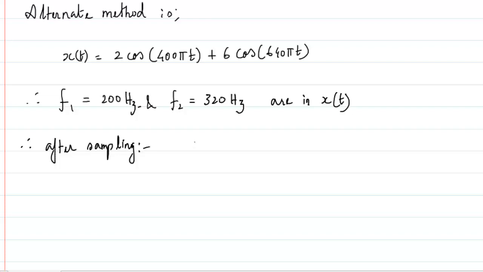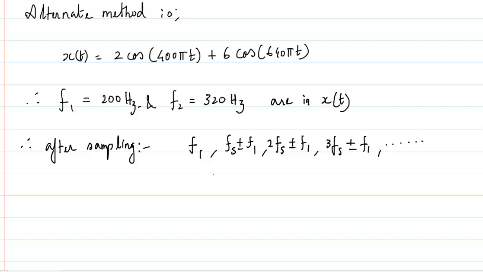After sampling, what I am having is the original frequency f1, then fs plus minus f1, then 2fs plus minus f1, then 3fs plus minus f1, like that it will keep on going up to infinity.